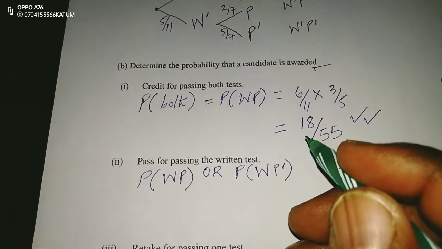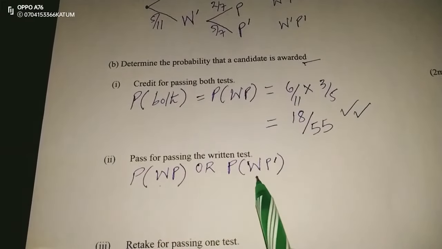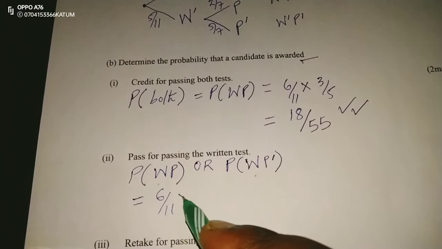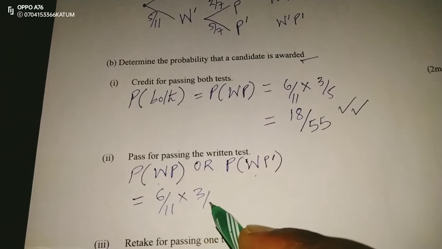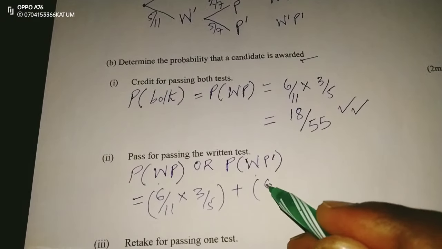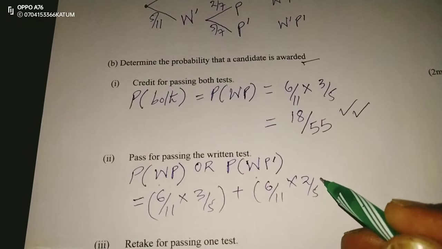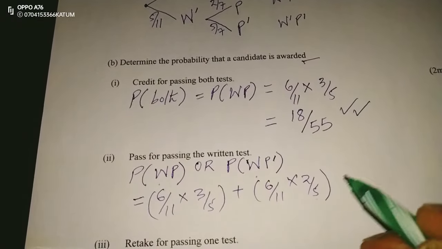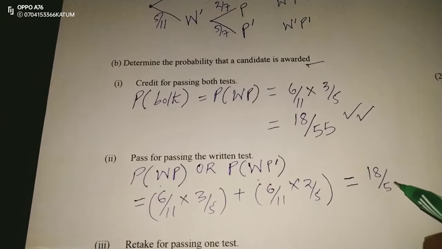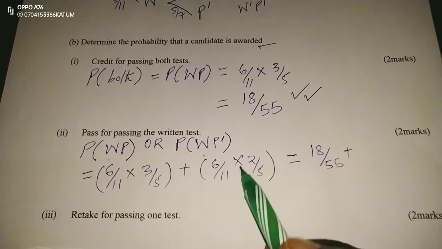But at least we want the student to have passed in the written test. This is going to be 6 out of 11 followed by 3 out of 5, or, meaning addition, 6 out of 11 followed by 2 out of 5, which means now failing in the practical. So this is already 18 over 55. We're going to add 12 out of 55.